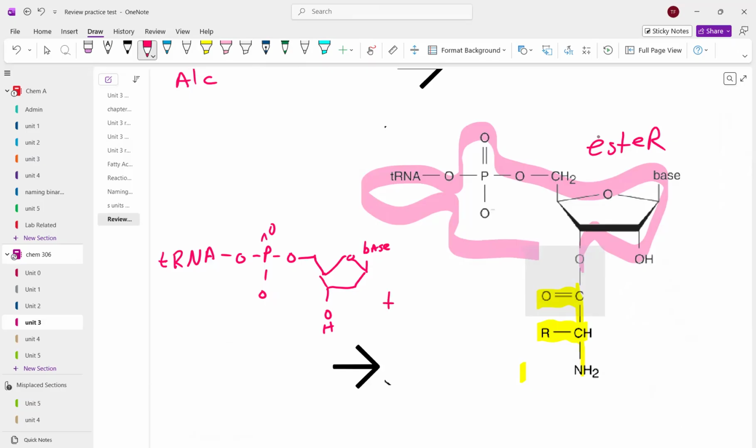And here down in yellow is the acid. So we have the acid, alcohol, yields the ester.